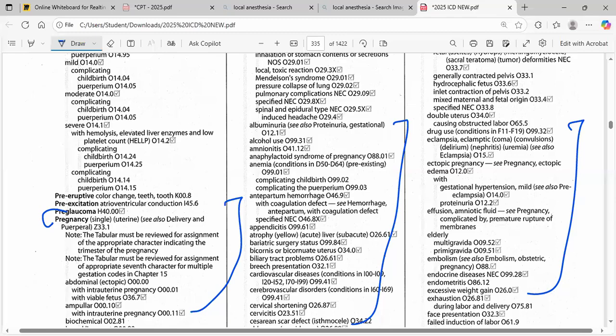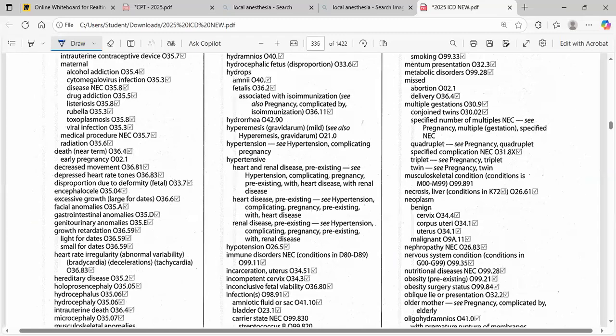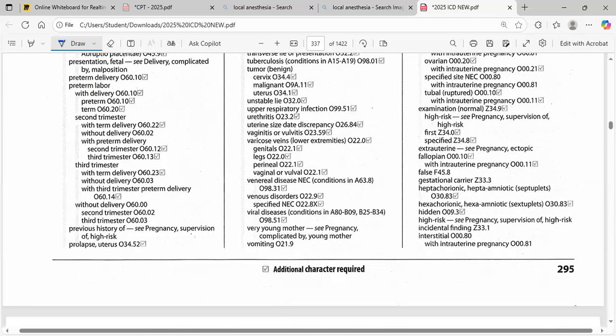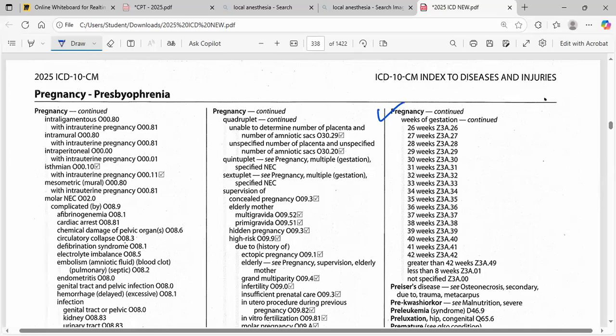And at the end, you have to mention the week of gestation. To find the code for the week of gestation, you have to refer to pregnancy only. Under pregnancy, you will look for the particular week of gestation. You will find the code for the week of gestation, then you will proceed further.